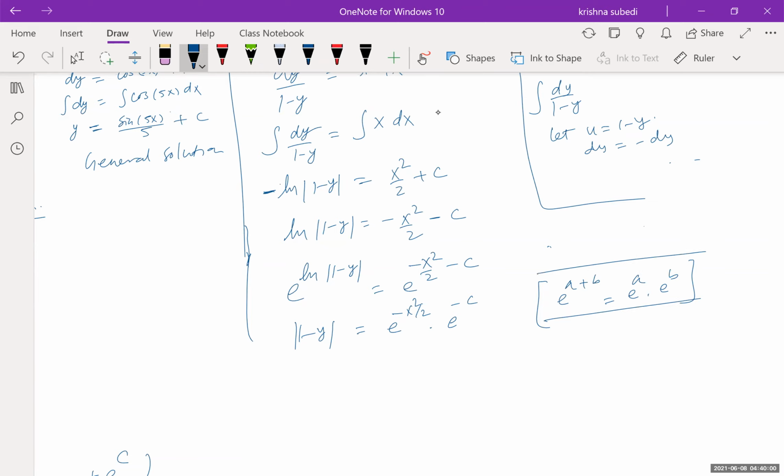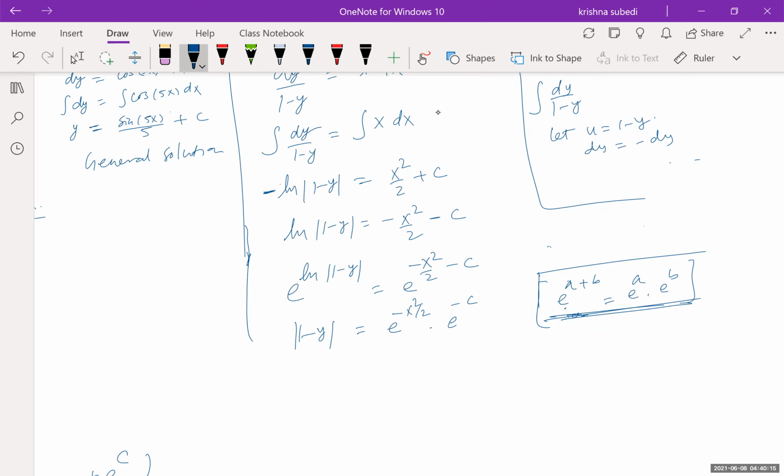Again, using the formula that you learned in high school, we can write e to the a plus b as e to the a times e to the b. So we're going to get this.